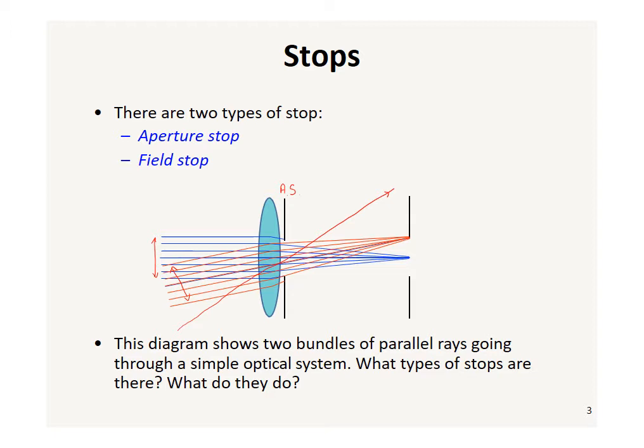On the other hand, there is an element that limits the size or the angular width of the object that can be imaged, and that's called the field stop. In something like a camera, it's the edge of the CCD itself that indicates the edge of the image plane and is the field stop.